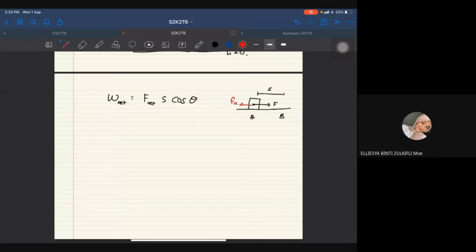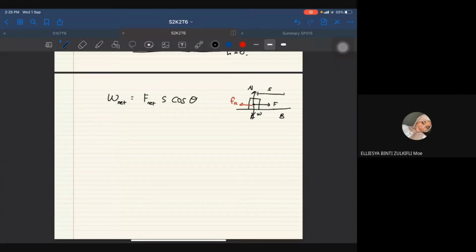Okay, so ada dua force, ke kanan dan ke kiri, and then I also have the normal and the weight macam biasalah. Okay, so when you try to solve the work question, make sure you draw the free body diagram as well. Walaupun dia nampak macam tak pakai, you have to draw first. Then only you can see and understand.